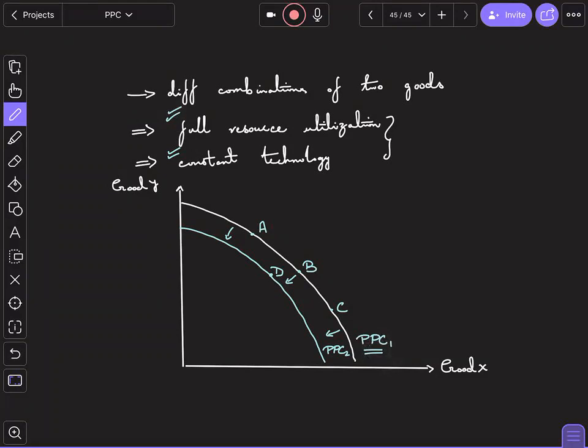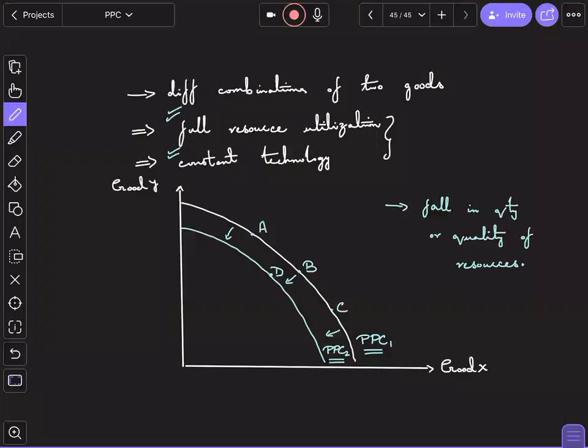But whenever there is a fall in quality or quantity of resources, the PPC will shift inwards from PPC 1 to PPC 2. Whenever there is a fall in either the quantity or quality of resources, the PPC will shift inwards, the PPC will shift backwards from PPC 1 to PPC 2.